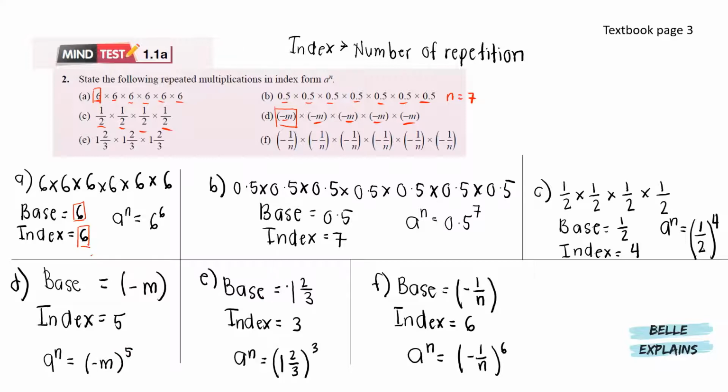Next, for e, we have 1, 2 over 3 for the base, and index 3 because it's a multiplication of 3 times. For f, we have 1, 2, 3, 4, 5, 6. So we have index is 6, base negative 1 over n, which means a to the power of n is negative 1 over n to the power of 6.